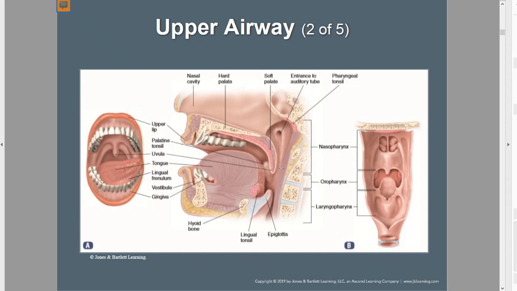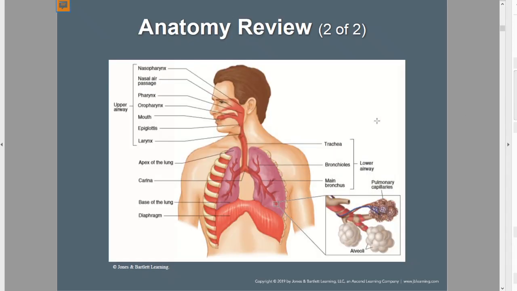They may ask whether the epiglottis is inferior or superior to the larynx. Well, it's superior. It's above the larynx. That's the kind of thing you need to understand about the anatomy.